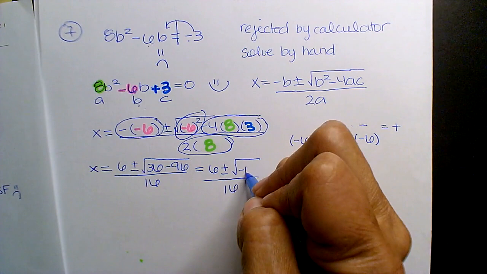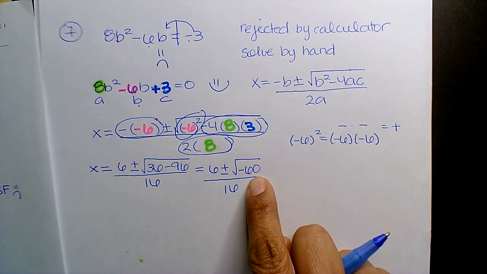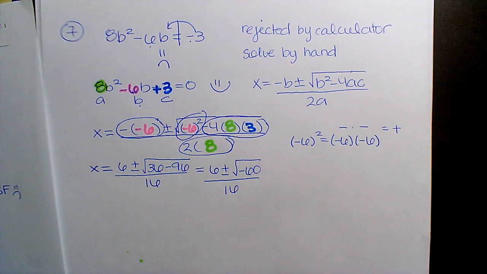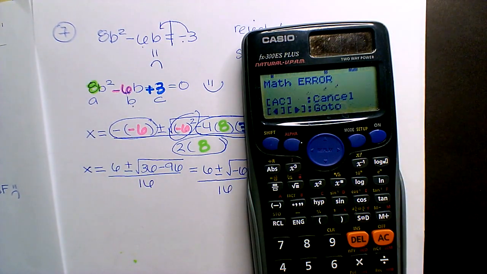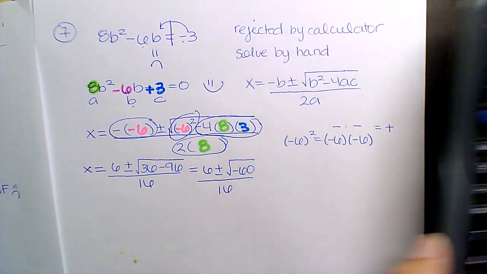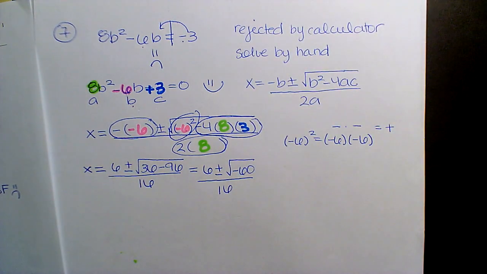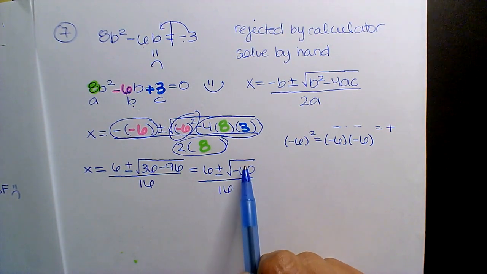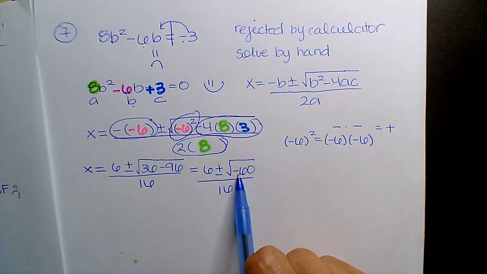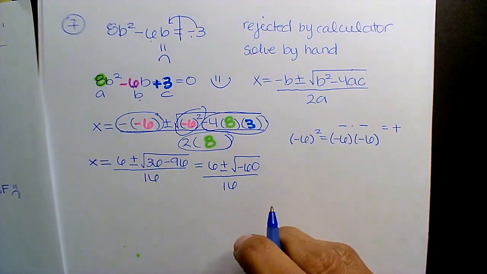And this is where our rejection is coming from. That is a negative radicand. You cannot put that in the calculator. What is rad -60? Rejection. So if you're 100% sure you're doing this correctly and you're getting rejected on the calculator, it's because there's a negative in there. Okay, so how do you take care of it?